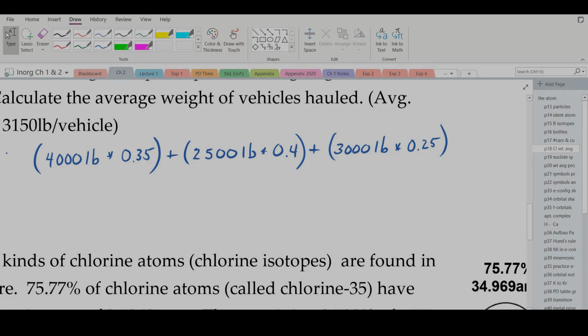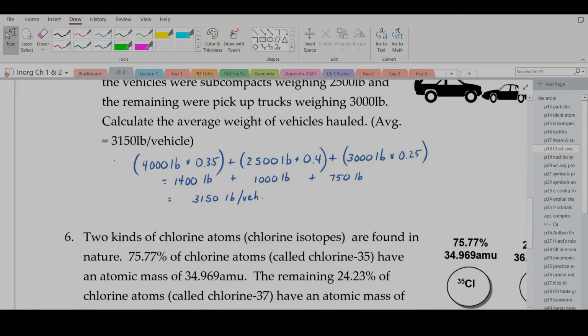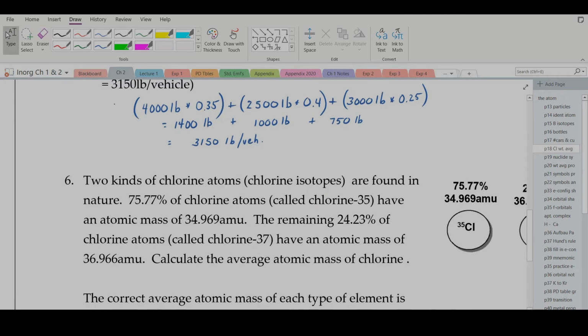So I need a calculator for this one, but this works out to be 1,400 pounds of SUVs hauled, 1,000 pounds on average of subcompacts, and 750 pounds on average of pickup trucks, for a grand total of 3,150 pounds per vehicle. That is the average weight of the vehicles hauled. So you're good with the weight average calculation?